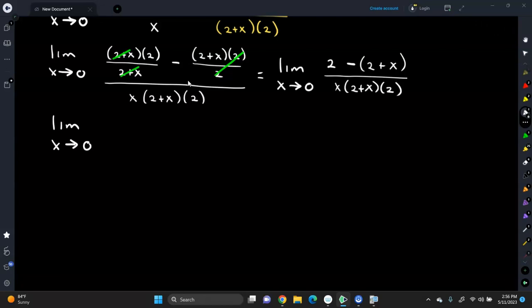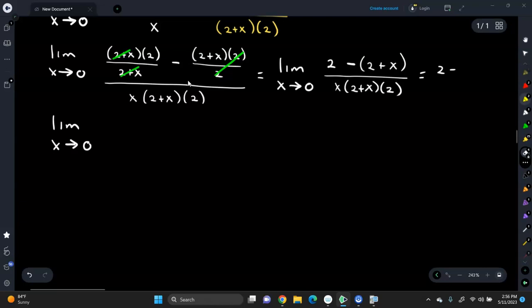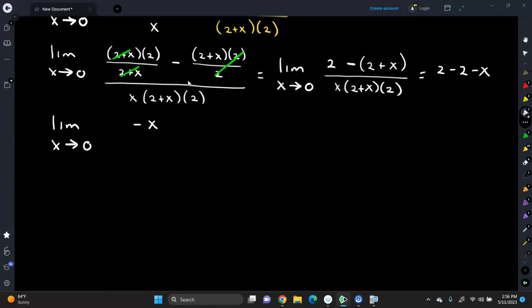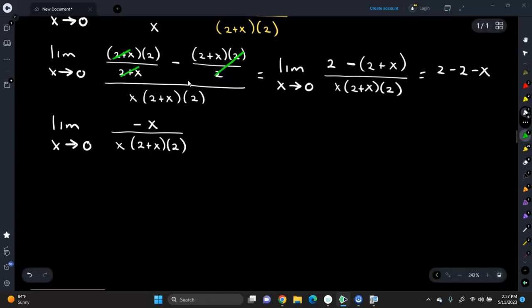Okay, we've got 2 minus 2, except that's not a 2. 2 minus 2 minus x. So we have minus x left on top. And down here we have x times 2 plus x times 2. Well, we've got more stuff that can cancel. My x's can cancel.